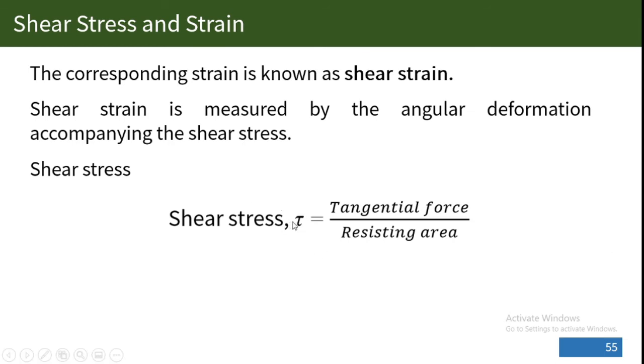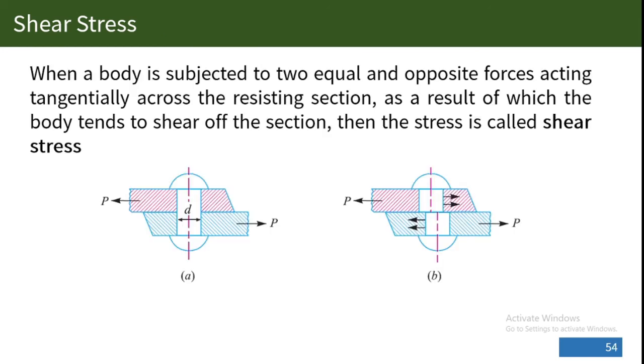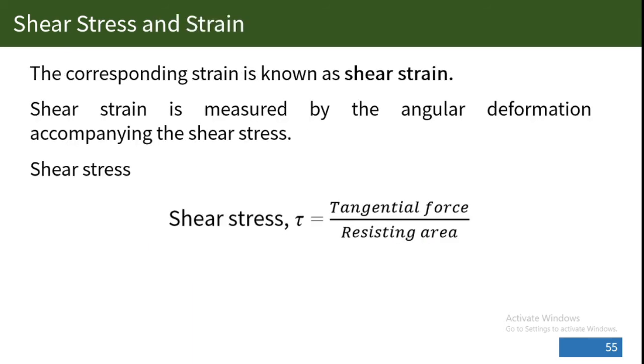So tau is equal to the tangential force over the existing area. These tangential forces are the forces denoted by T in the previous slide. Yes, here these are the tangential forces, and what is the resisting area?